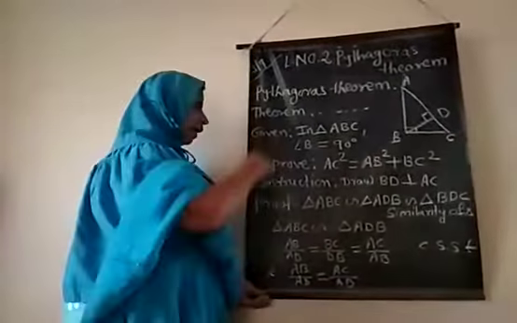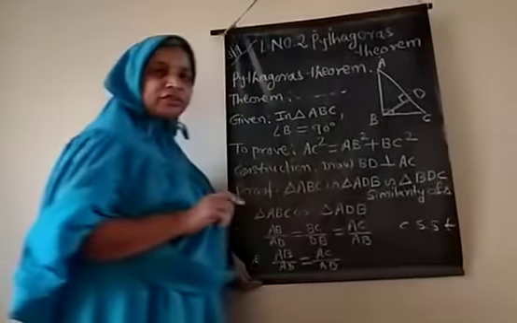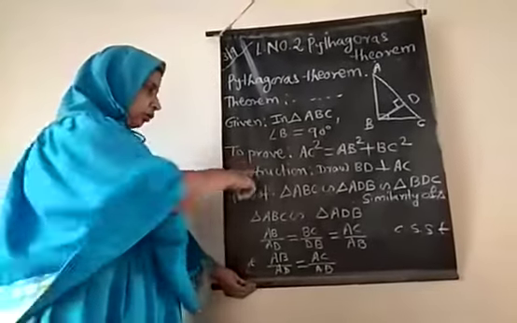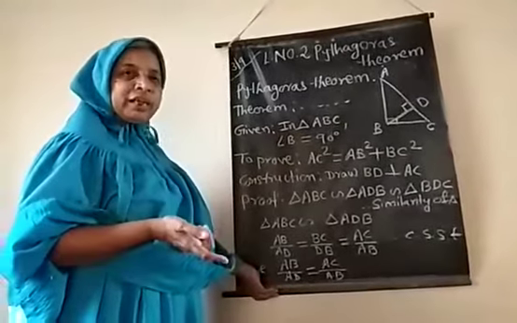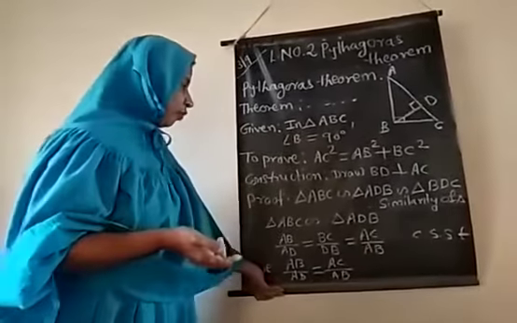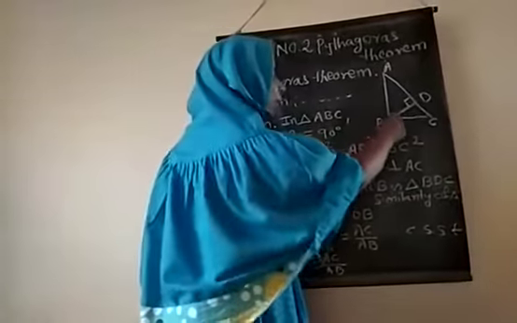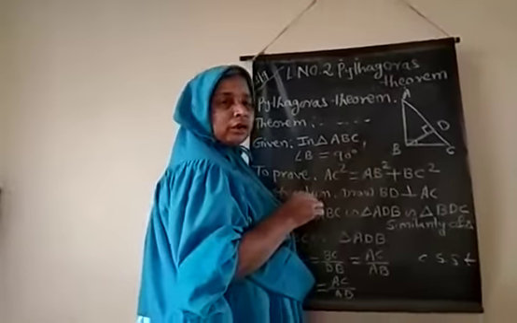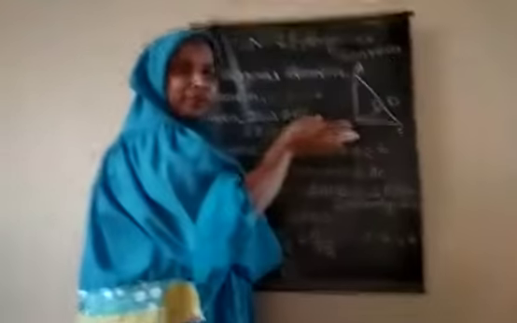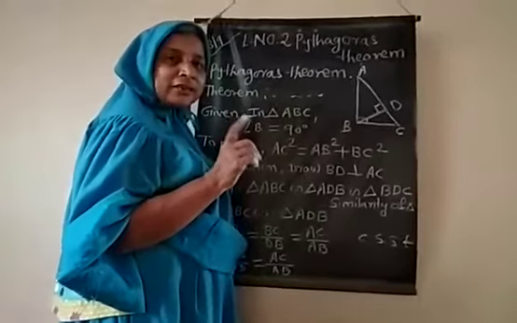By construction, BD is drawn perpendicular to the hypotenuse. So BD is perpendicular to AC. This is the construction. We are constructing this BD perpendicular to AC. Now because of this perpendicular drawn from the 90 degree angle on the hypotenuse, three right angle triangles are formed.